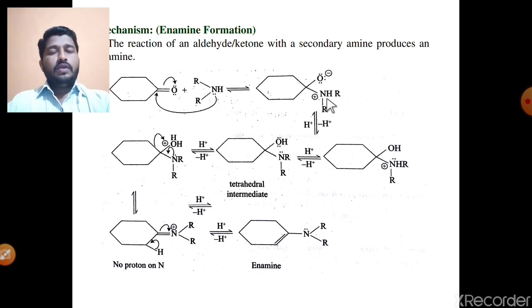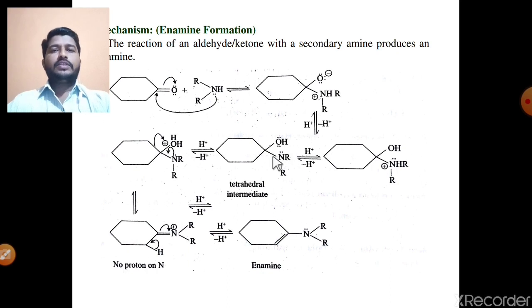See, the loss of proton, the same loss of H+, and this H+ is added to this O minus, so O minus is converted into OH. After loss of H+, there is neutralization of the positive charge. The sigma electron pair between nitrogen and hydrogen is shifted towards the more electronegative nitrogen, giving nitrogen with electron pair, and finally O minus is converted into OH.